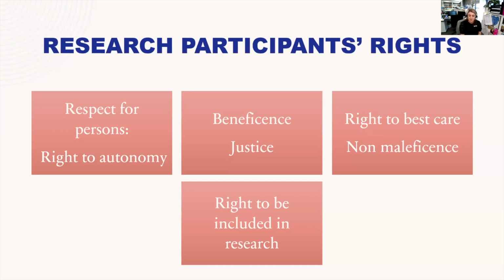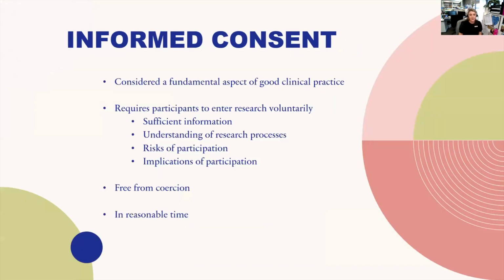But informed consent supports these principles and is intended to protect these rights, not as a tick box, as a process. So for participants to truly elect to enter research voluntarily, they need sufficient information. They need to understand all the processes and activities of the project, including how their data will be collected, stored and disposed of.